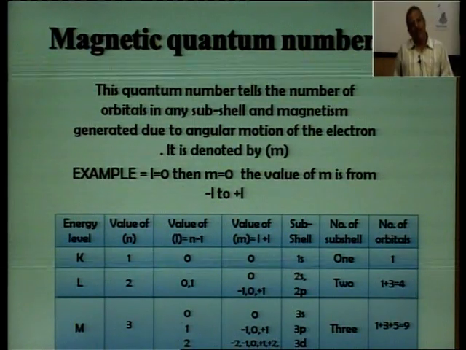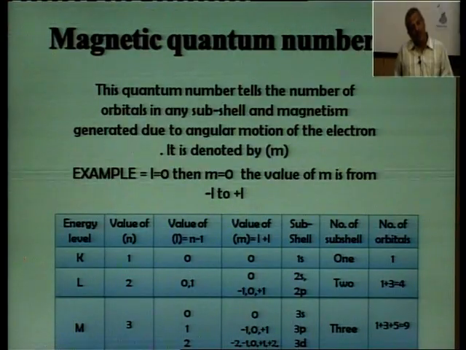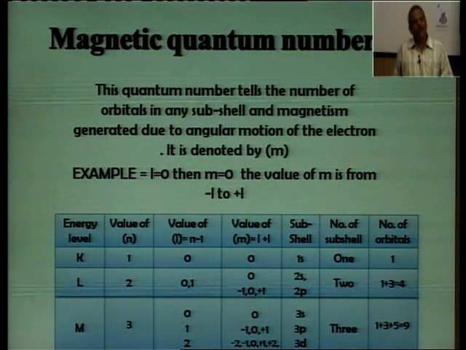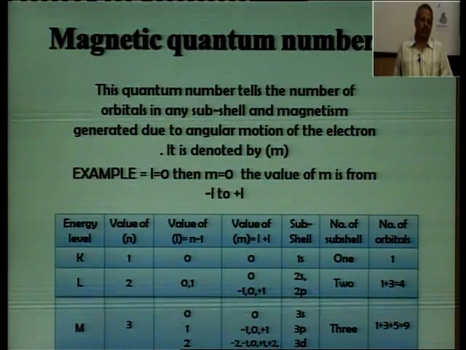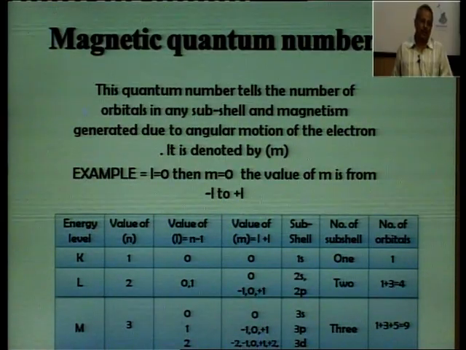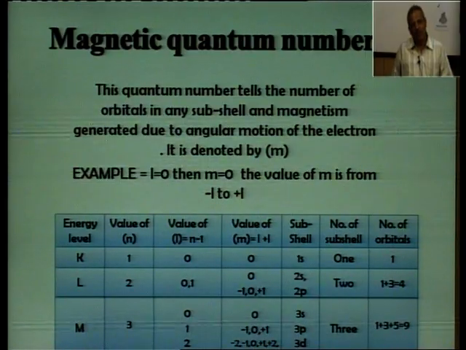So, that is the reason the s orbital has spherical nature. If l has value 1, then m has three values, minus 1, 0, plus 1. So, it has three types of orientation.